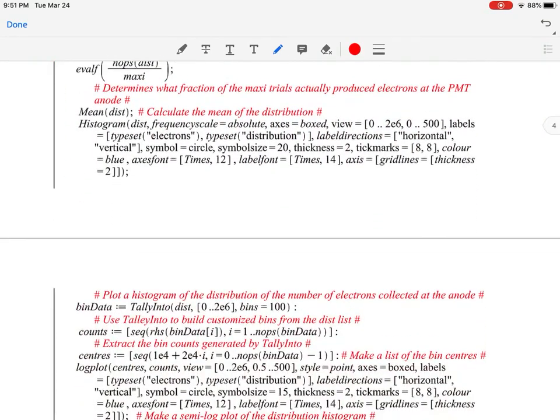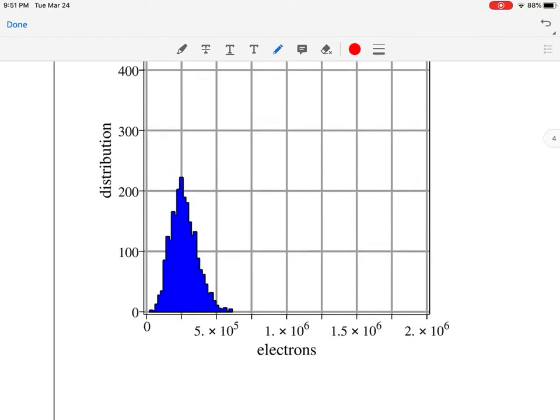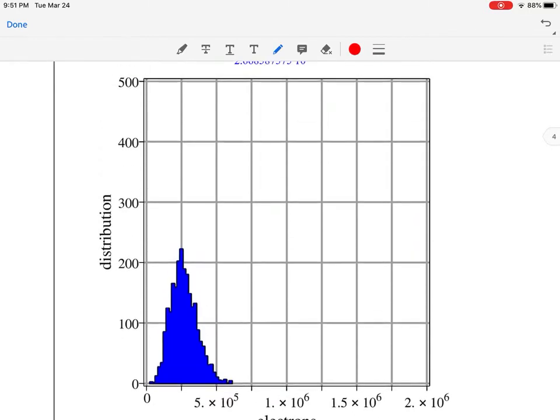And when we plot the histogram of that list, this is what it looks like. And if you remember, we calculated an average value of about 266,000. So this is where we calculated the average. And you can see it's not right at the peak. The peak is at 250.